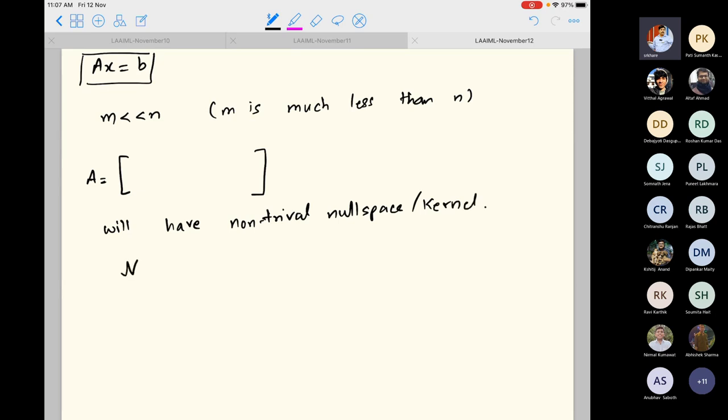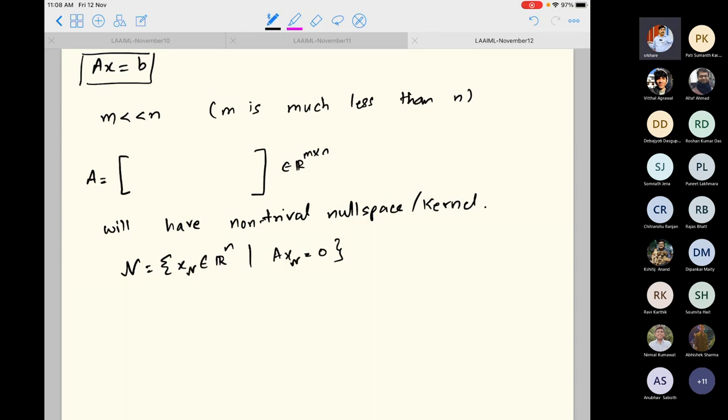So what does this mean? It is the set N of all x_n in R^n such that A x_n = 0. Specifically, to say that this is a null space vector, I use x sub n. If you want, I can use capital N.